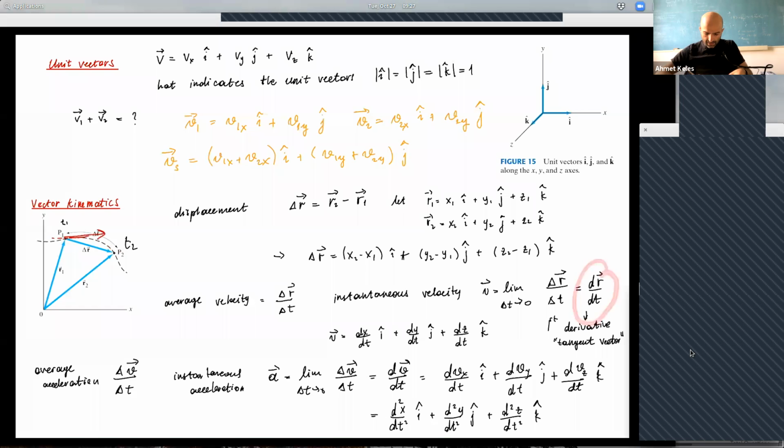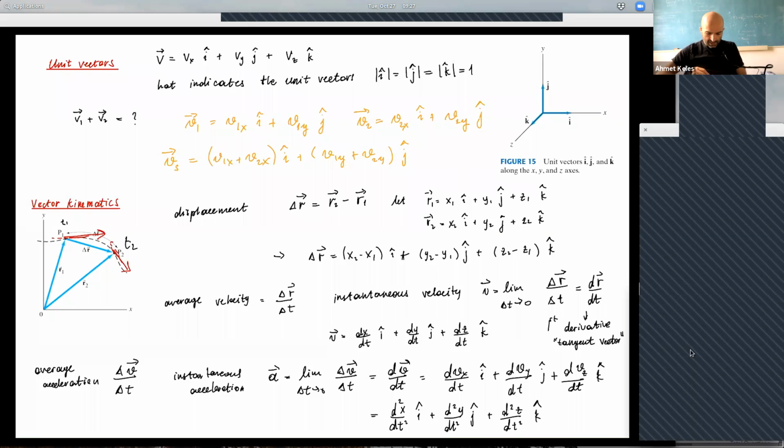Another example: velocity at P2 is also tangent. Put some tangent line and put the vector, and this is velocity at P2.